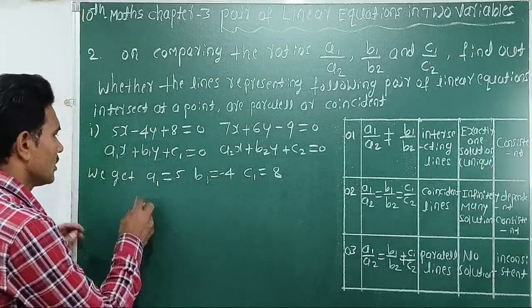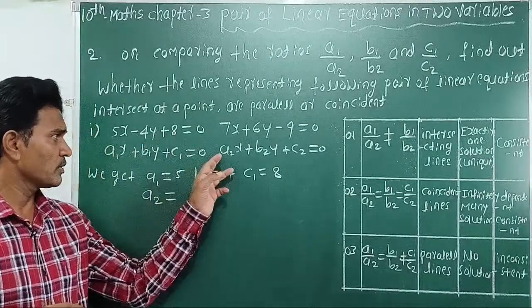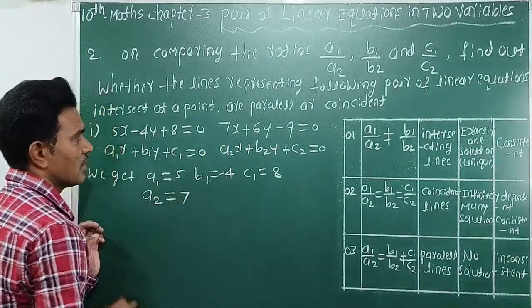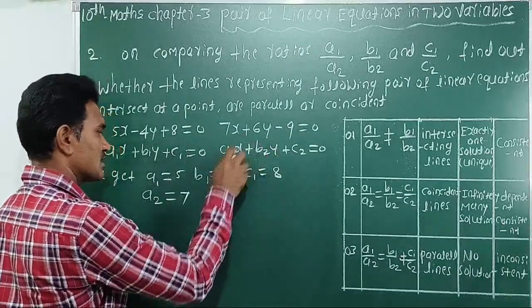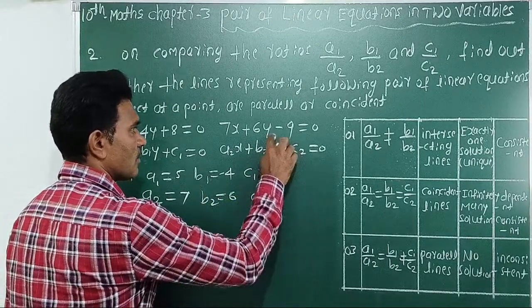Then what is the value of a2 here? a2 means the x coefficient of the second equation, that is 7. b2 means the y coefficient of the second equation, that is 6. c2 is minus 9.